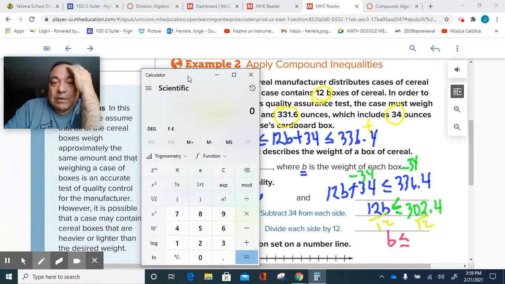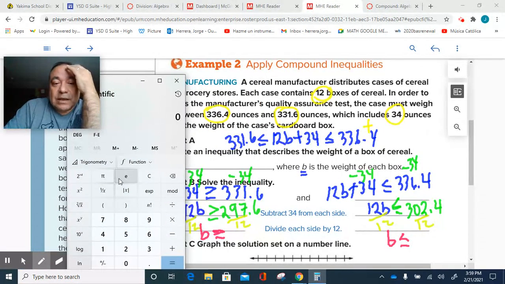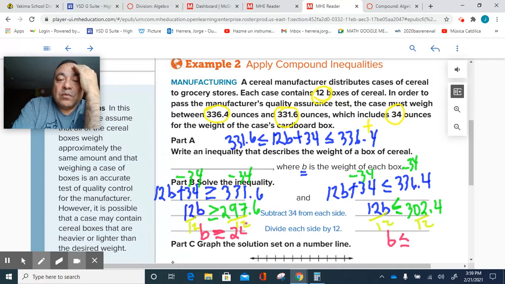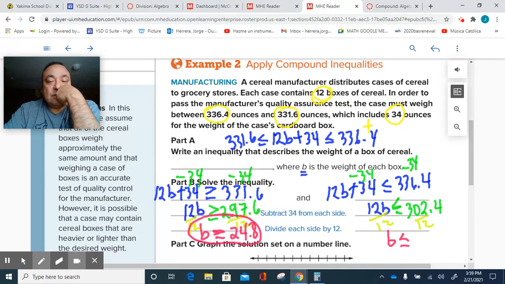We divide 297.6 by 12, and the answer is 24.8. That is my first answer.